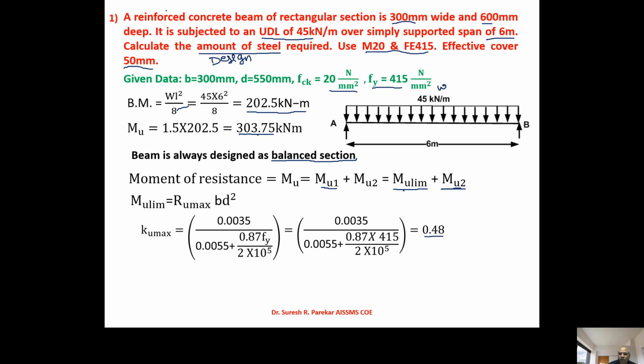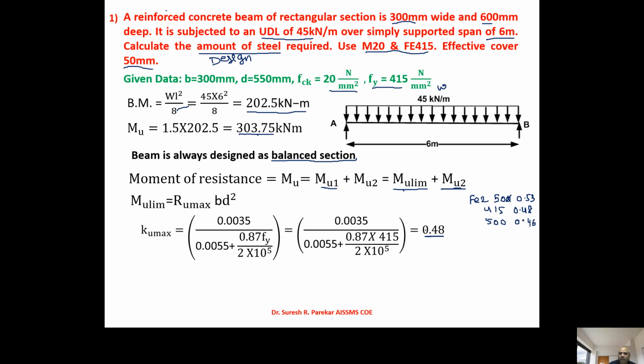If we go to page number 71, you will get values for Fe 250. The value of Ku max is 0.53. If we go for 415, it is 0.48, and for 500, it is 0.46.